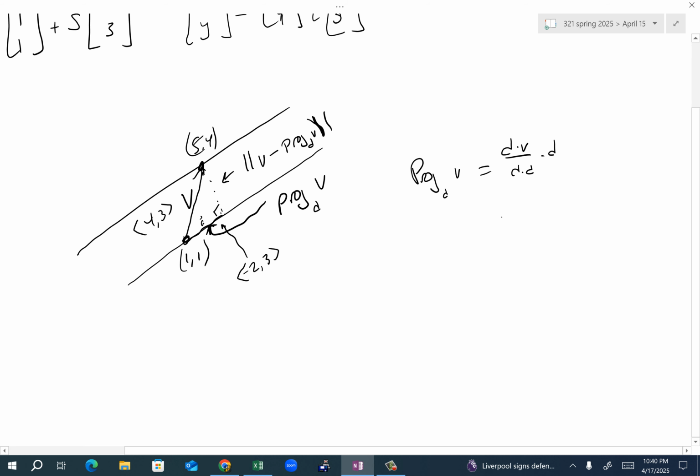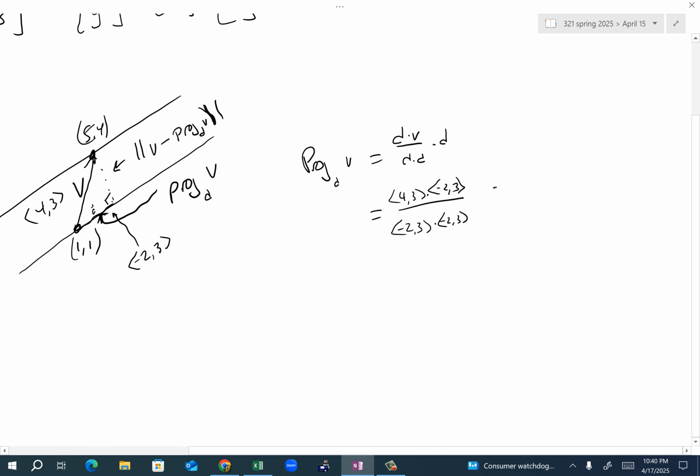So in our case, exactly what I told you is 4, 3 dot negative 2, 3 over negative 2, 3 dot negative 2, 3. Whenever that's all going to be a scalar, we're going to multiply it times this fella.